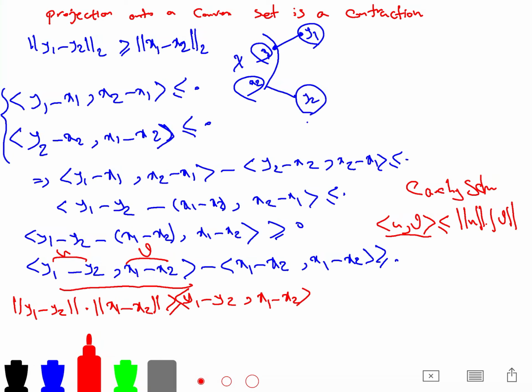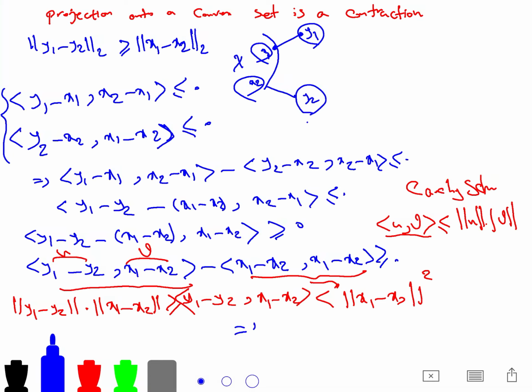And the rest of them are the same. You just simplify this as well and write this as the squared norm of x1 minus x2. And then we are almost finished. Now we can say that the L2 norm of y1 minus y2 is greater than the norm of x1 minus x2.